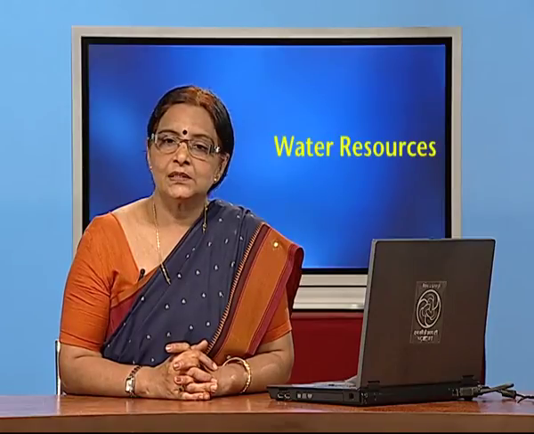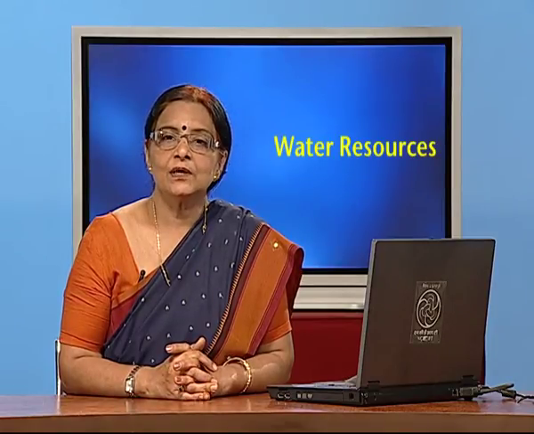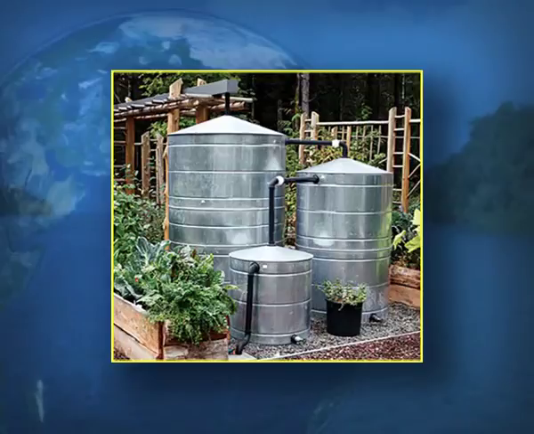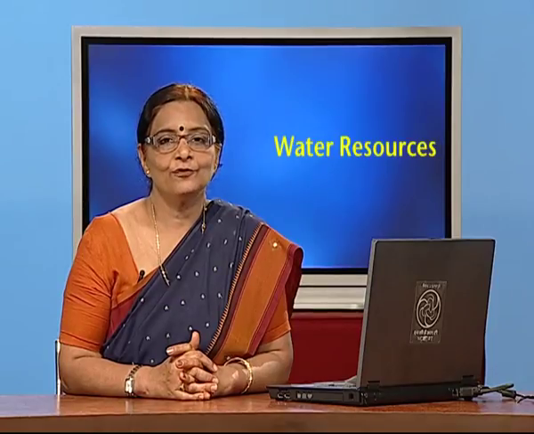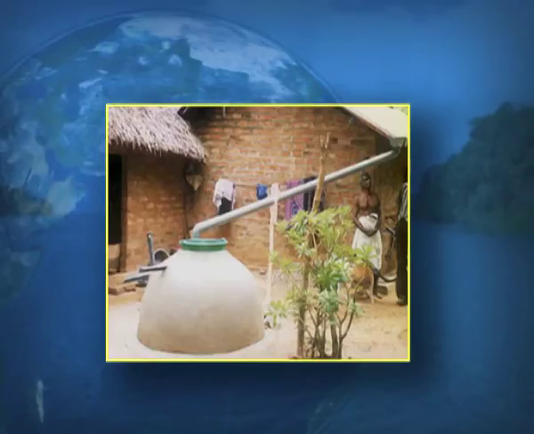Now on the screens, you can see a picture of the tanks, how we store the water, and this water is being utilized for the conservation of water. This is another visual where you can see the earthen pot, where the water from the hut top is entering into the earthen pot and where we are conserving the water.